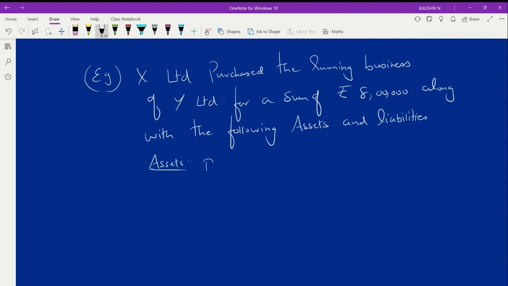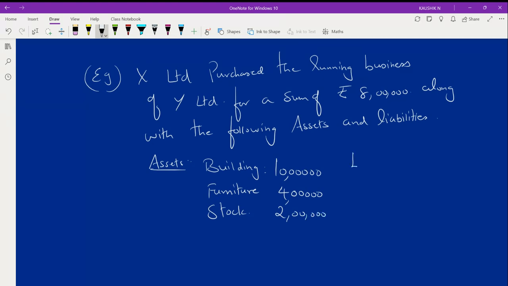Okay. In the assets category, you have got building, furniture, stock. All this will be for a particular value. Say for example, building you have taken up for 10 lakhs, furniture for 4 lakhs, and stock you have taken for 2 lakhs.